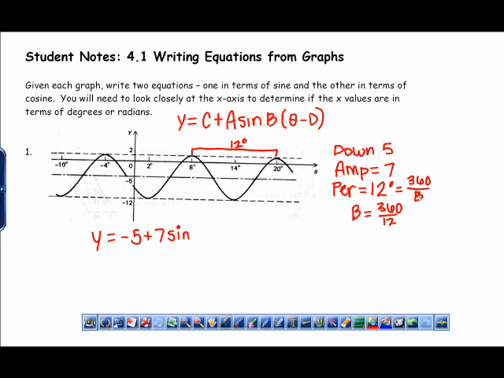Imagine if up here you were trying to find b. You could cross multiply, and that would give you 12b equals 360, and then you would divide by 12. That's why it works out that way. So 360 divided by 12 is 30. So that is your B value.